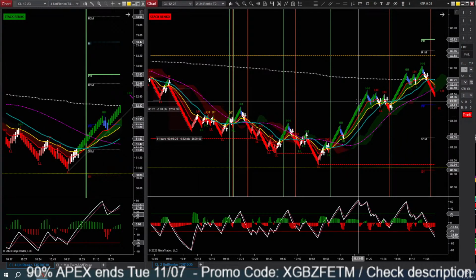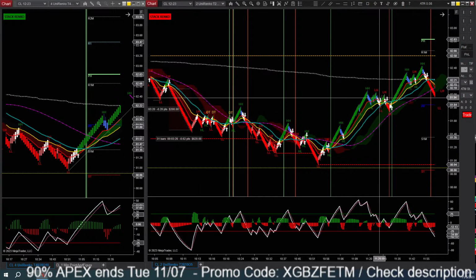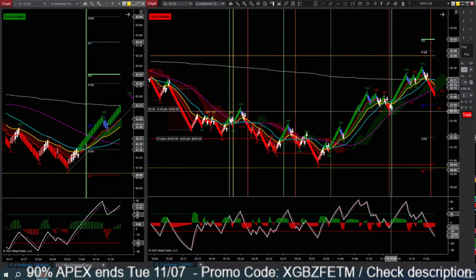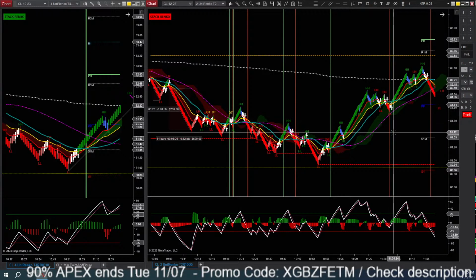So there is congestion here for sure. At 11:34 it hit the smooth 50 right there and came back up. This one is not really clean, actually.